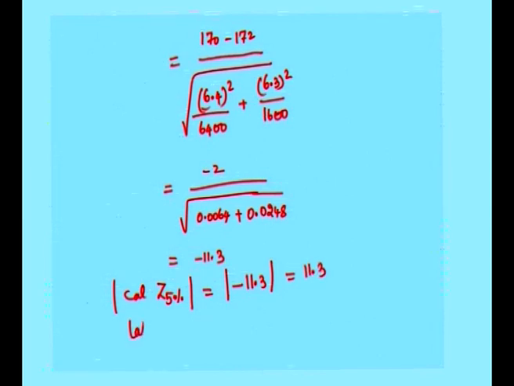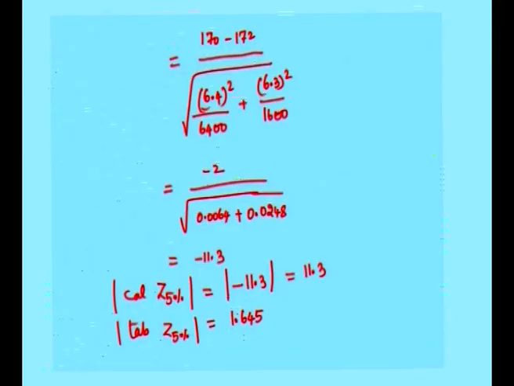So, tabulated value at 5%, as already discussed with the table of one tail test, tabulated Z at 5% means tabulated Z at 10% at two tail test. Okay. So, at two tail test the tabulated value is 1.645.